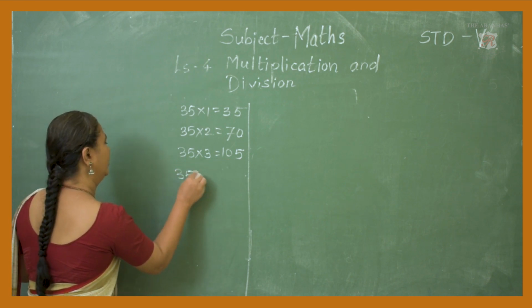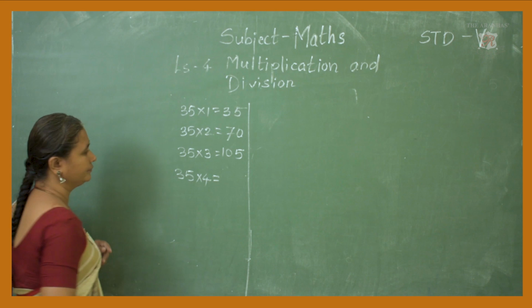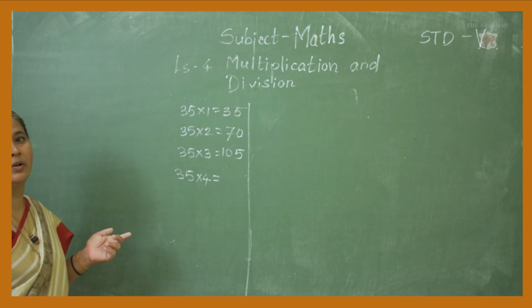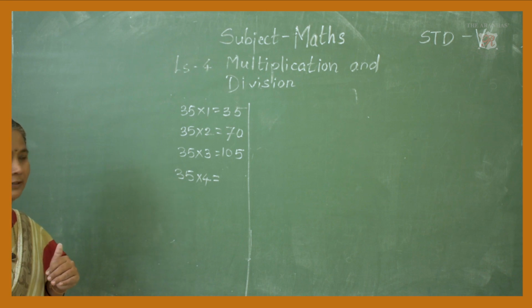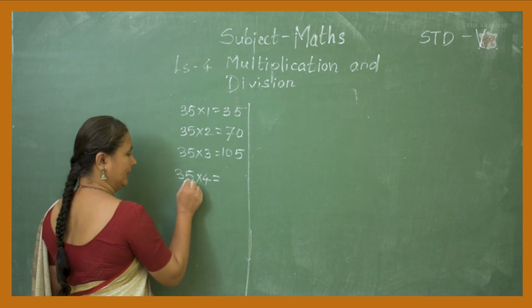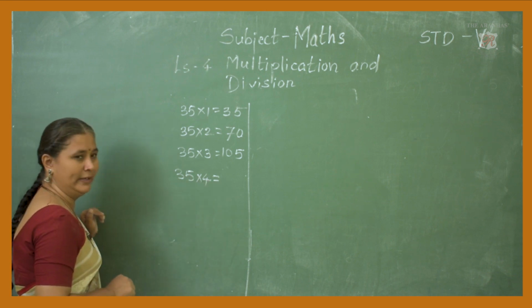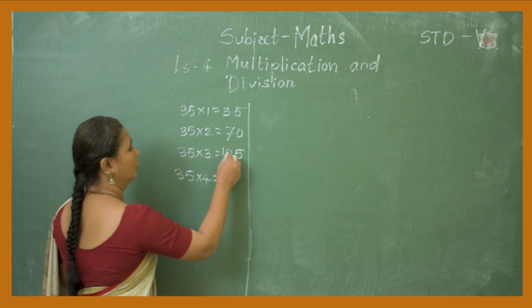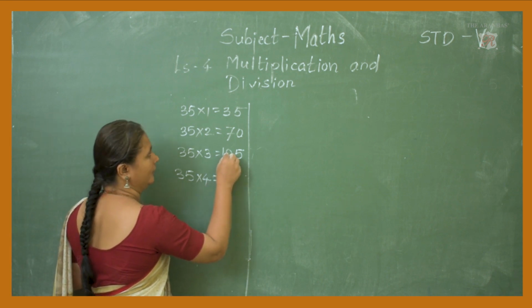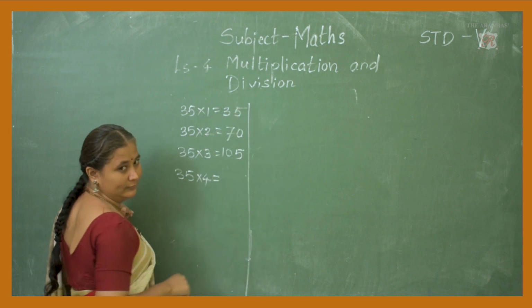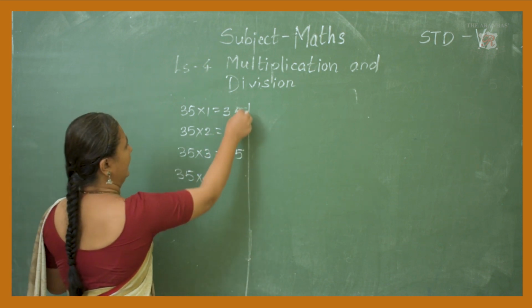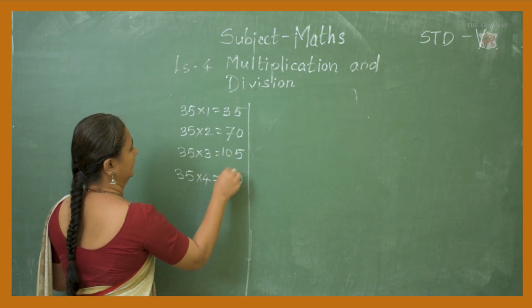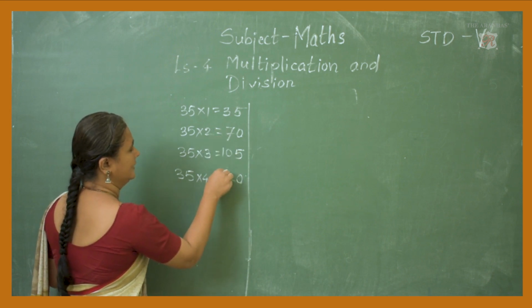Now 35 into 4. Multiplication is what? Add the same number that many times, isn't it? So when we have to do the multiplication of 35 into 4, we have to add 105 and 35. So 5, 5, 0, 1, 4, and this is 1.